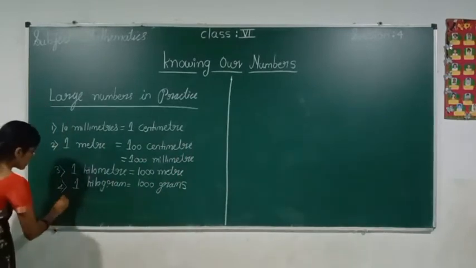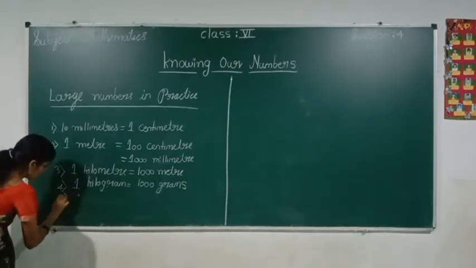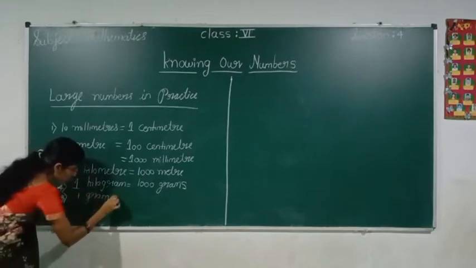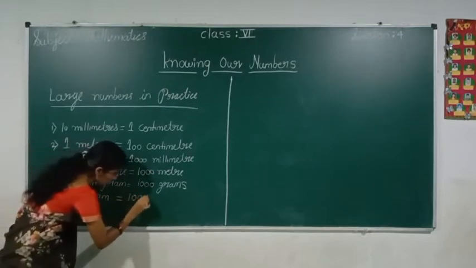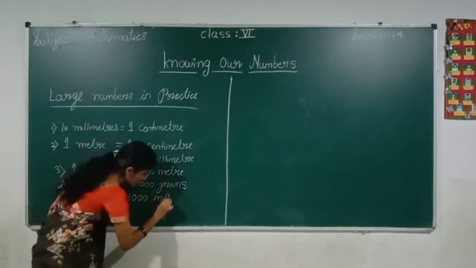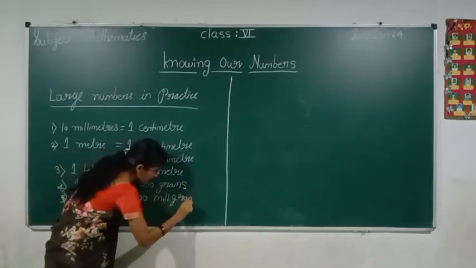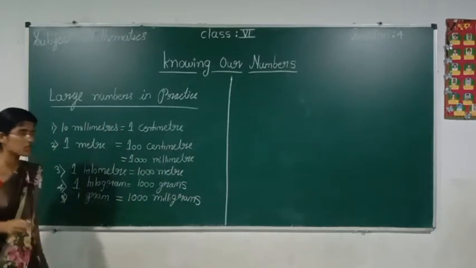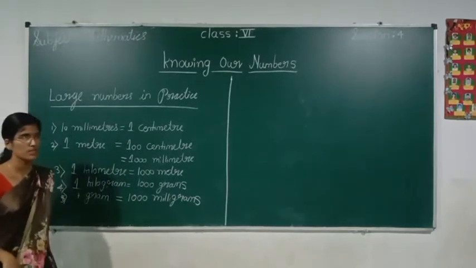See here, 1 gram is equal to 1000 milligrams.